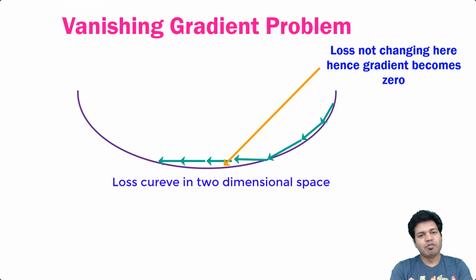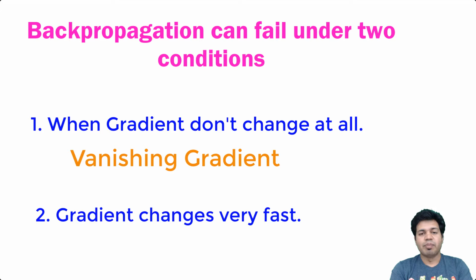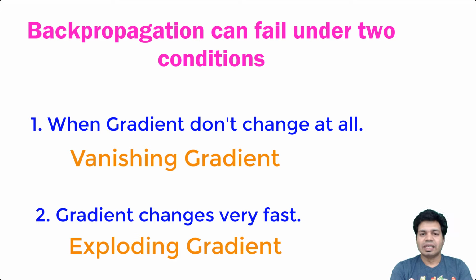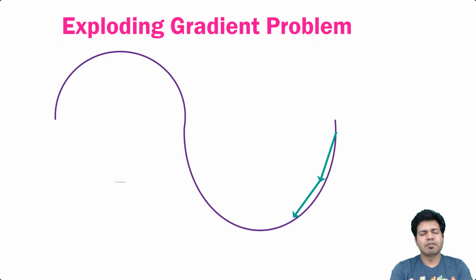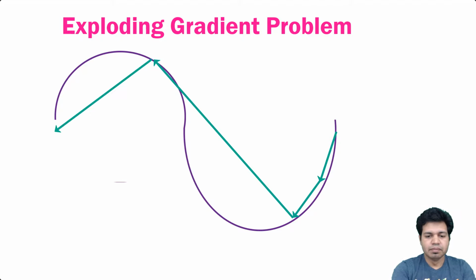So another type of instance or problem where backpropagation fails is exploding gradient problem. Here also we start off with some initial value of error, and we progress further. As we progress further, the gradient explodes or goes suddenly up and spikes down rapidly or randomly.